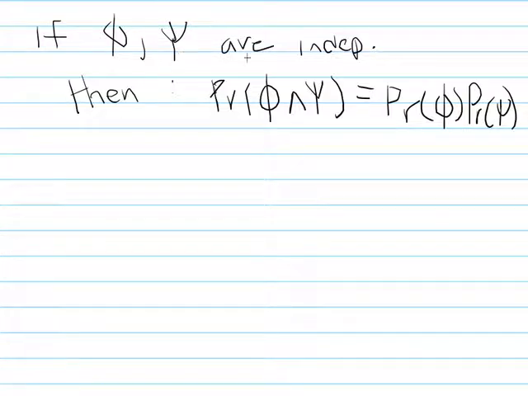So if phi and psi are independent, then the probability of their conjunction is simply gotten by multiplying their individual probabilities. But now, what does it mean for phi and psi to be independent?